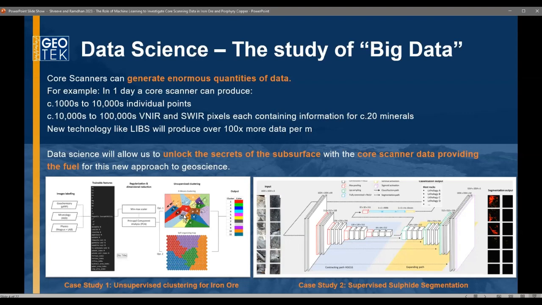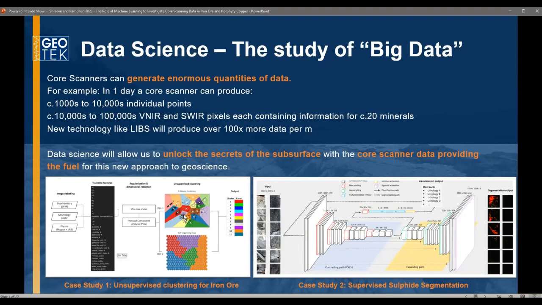And when we talk about the new technology that Geotek's working on here, like LIBS, there's over 100 times more data per meter. This really is big data, and the study of big data is data science. And core scanning data is the fuel for this new approach to geoscience, because it's consistent, it's objective, and it allows us to use these data science techniques to really unlock the secrets of the subsurface.